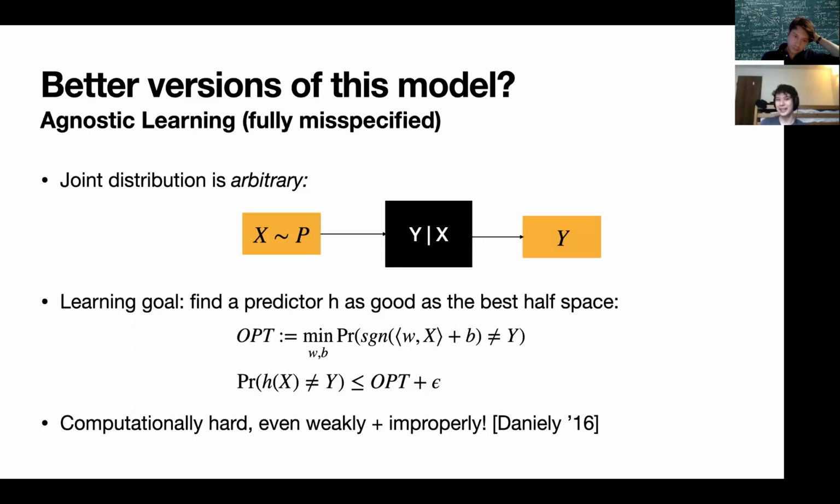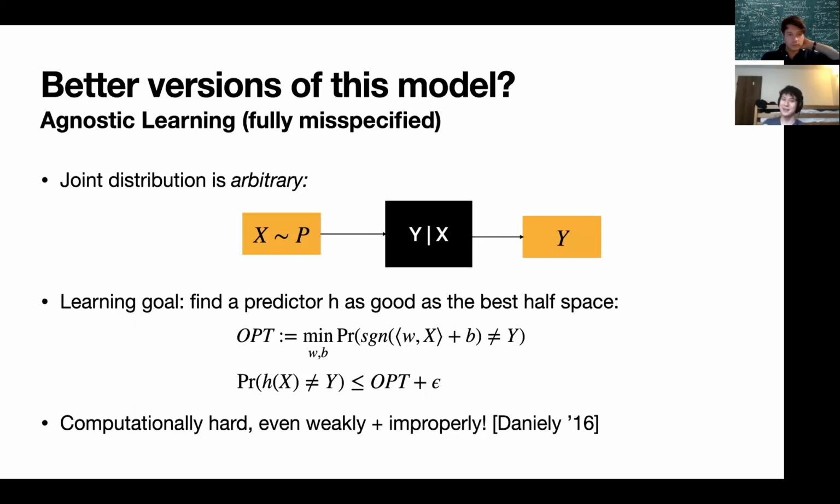And so that would be a very nice model. The problem is we can't find algorithms that actually work in this model without making further assumptions. So there's a series of papers on this problem. And maybe the most recent is this paper by Daniely, which showed under some cryptographic assumptions, you can't even learn this improperly.